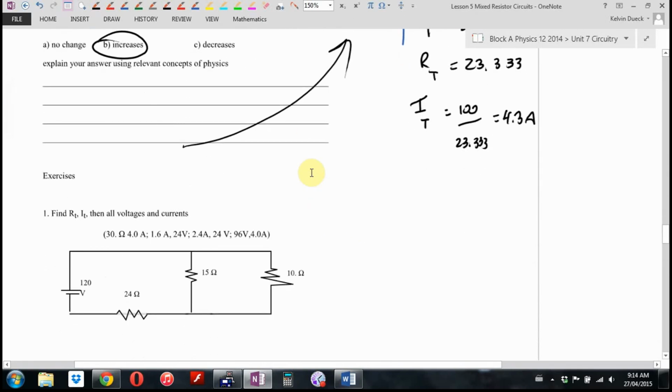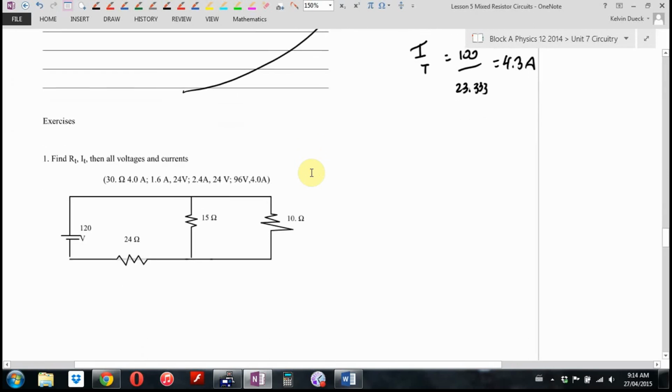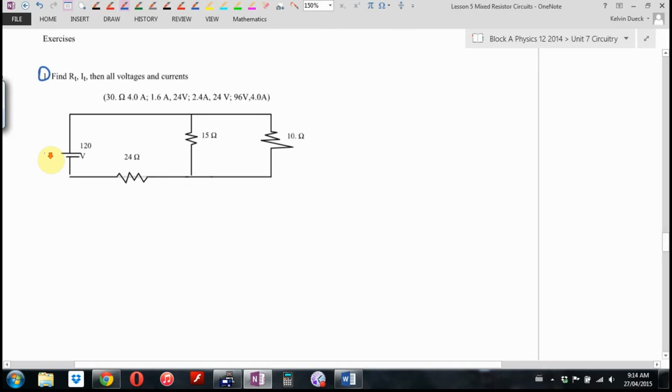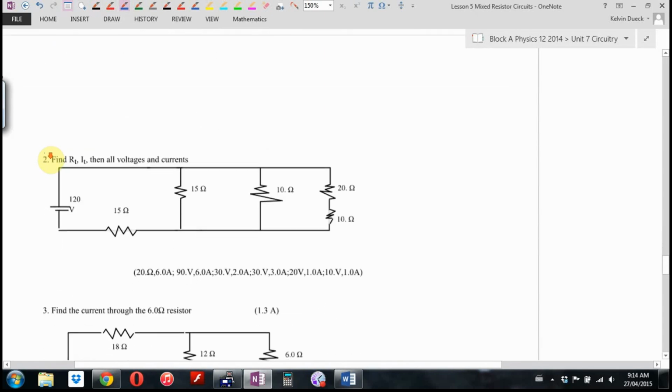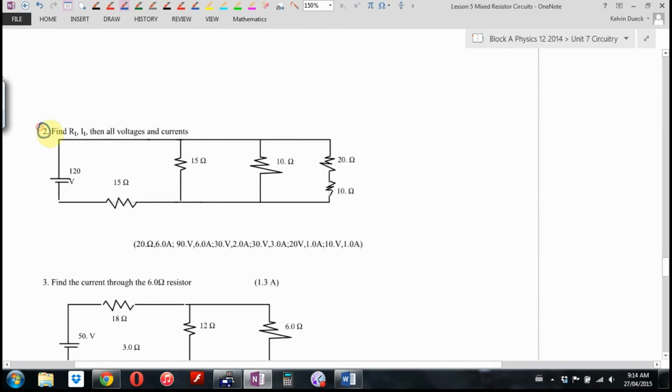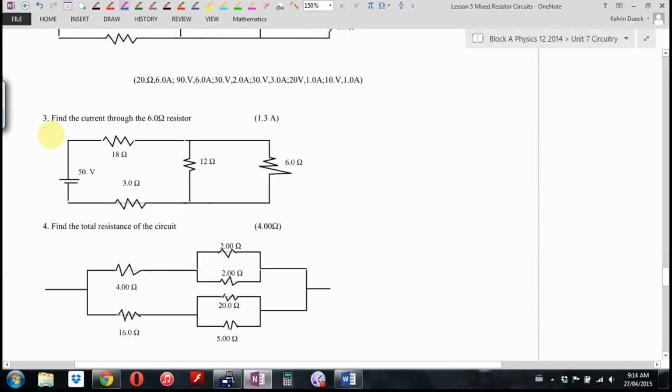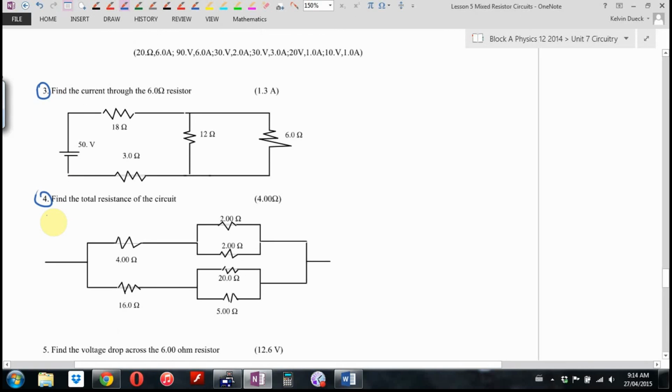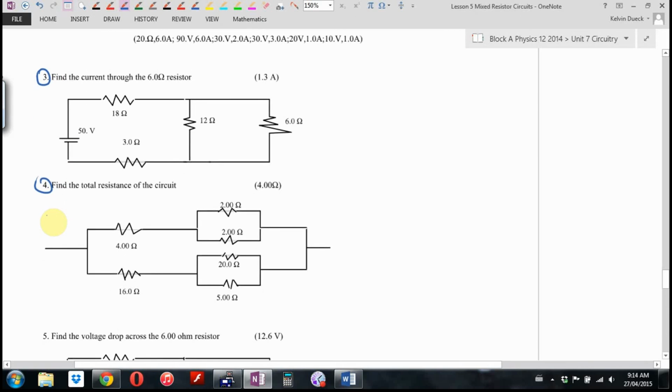What's your homework? Lots and lots of practice of this. So certainly, number 1. Wow, short lesson, Mr. Dueck. Yep. Number 2. 3 is good. 4 is good. Mr. Dueck, in number 4, they didn't tell me which way the current is going. It's just saying find the mathematically equivalent resistor.